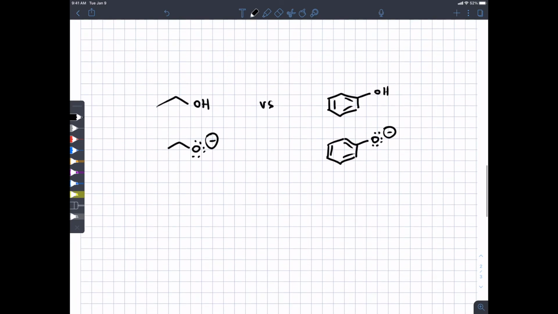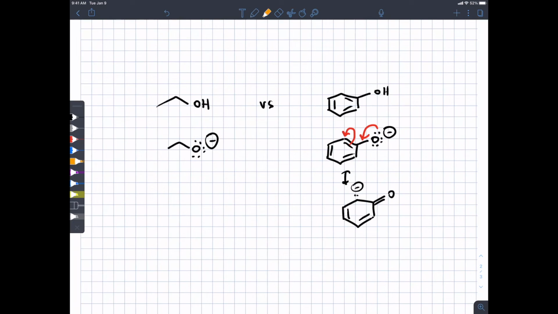The negative charge in both cases is held on an oxygen, so there's not a difference in electronegativity. However, you can draw resonance structures that delocalize the negative charge from that oxygen onto some of the carbons of the benzene ring, and you can do that through the negative charge 2-step illustrated there.